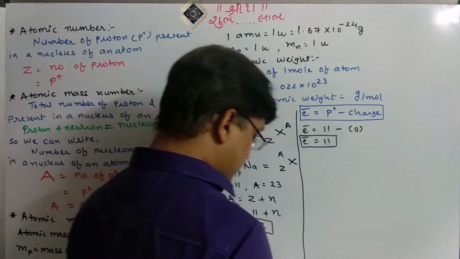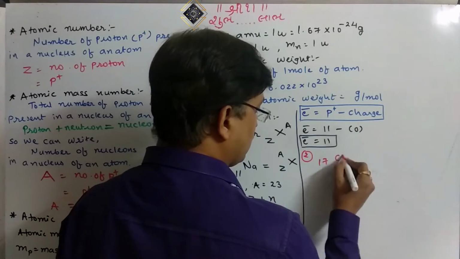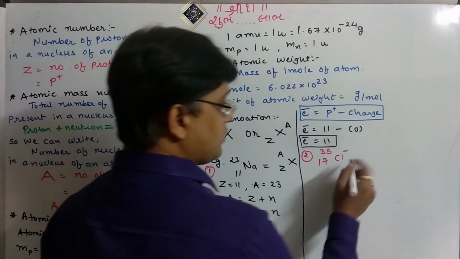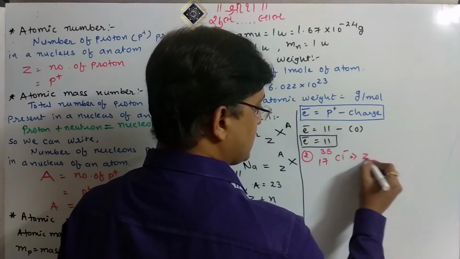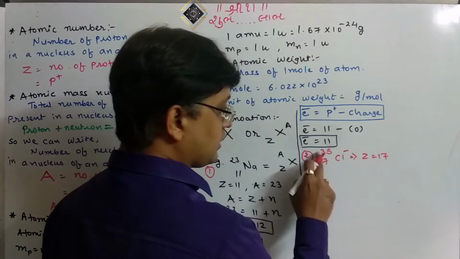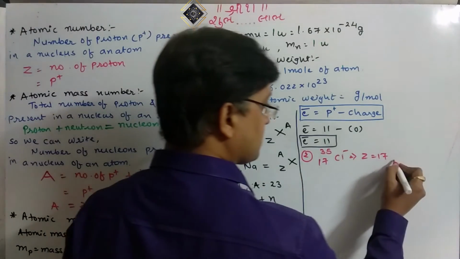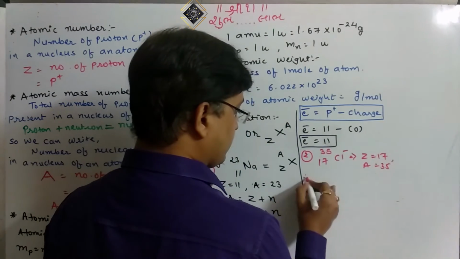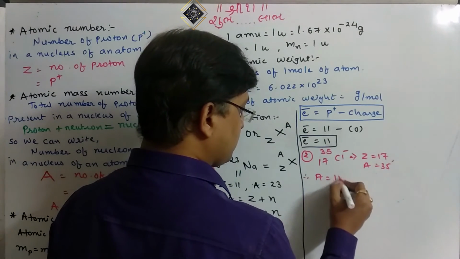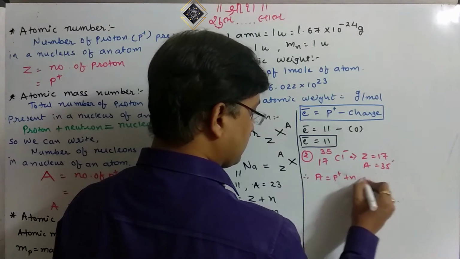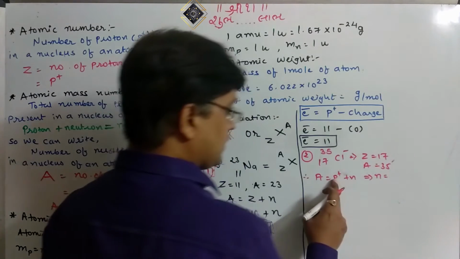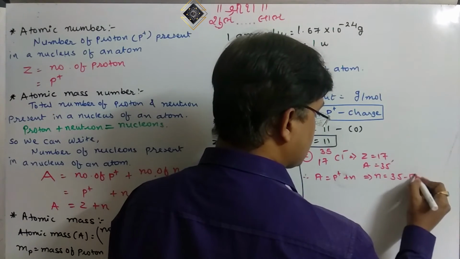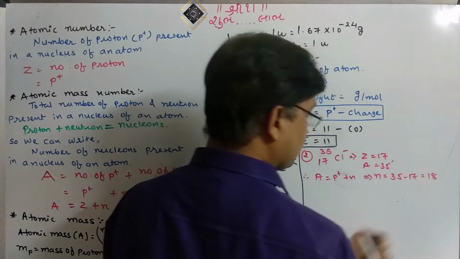Let's go for one more example. 17 chlorine 35 minus. As we know Z is equal to 17, here A, that superscript, is the mass number, so A is equal to 35. Therefore A is equal to P plus N. Therefore N is equal to A minus P. A that we have is 35 minus 17, that is equal to 18.